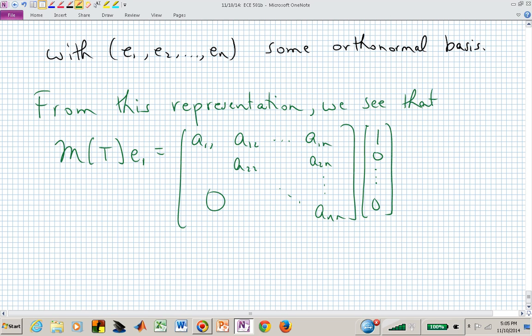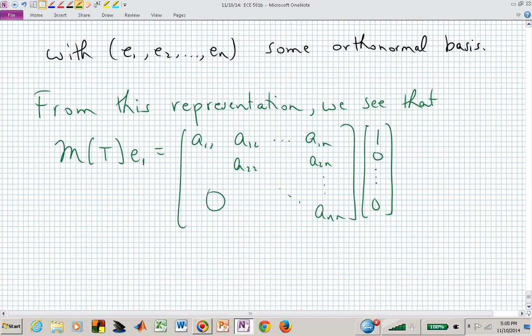For this particular one, we know that we have eigenvalues on the diagonal, and we need to have this satisfy some eigenvalue-eigenvector relationship. E1 is normalized, orthonormal, so it has a length of 1.